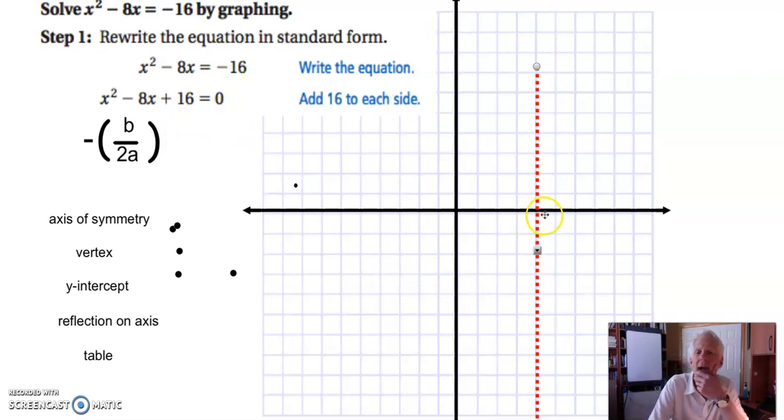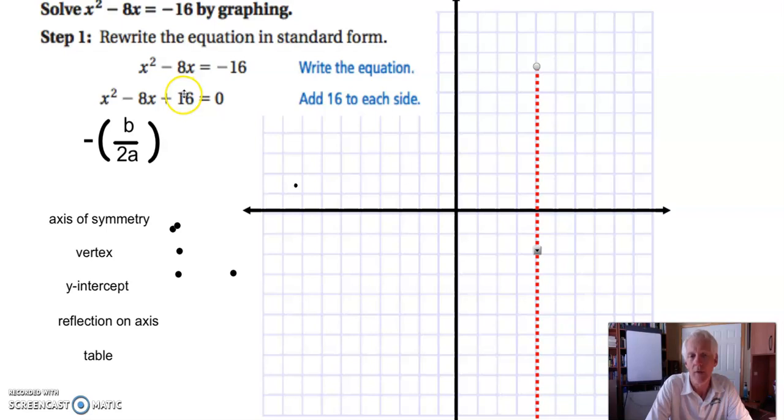I'll take my axis of symmetry of 4 and plug it in here. 4 times 4 is 16. 8 times 4 is 32. So 16 minus 32 is negative 16. Plus 16 is 0. Wait, this could be awesome. 4 squared is 16, minus 32 is negative 16, plus 16 is 0.